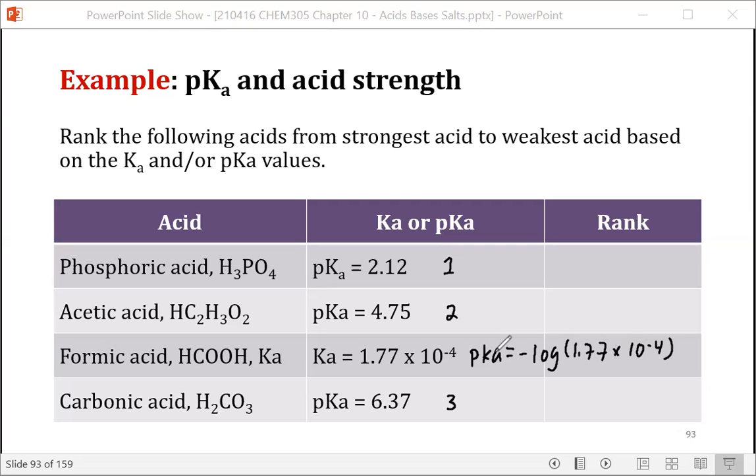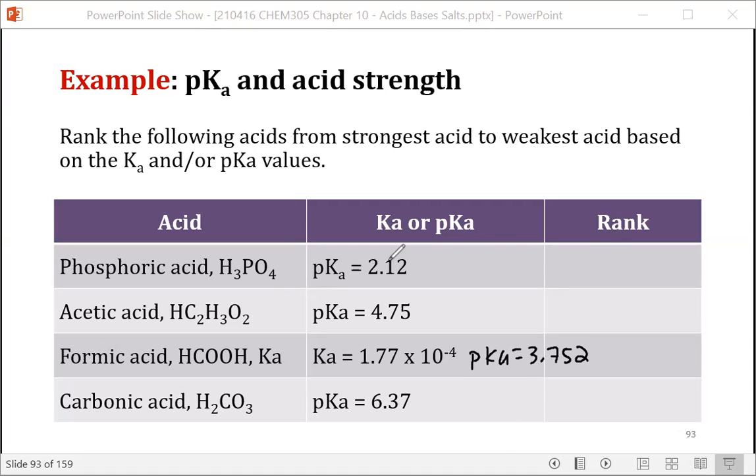I'll add a sig fig, so pKa equals 3.752.